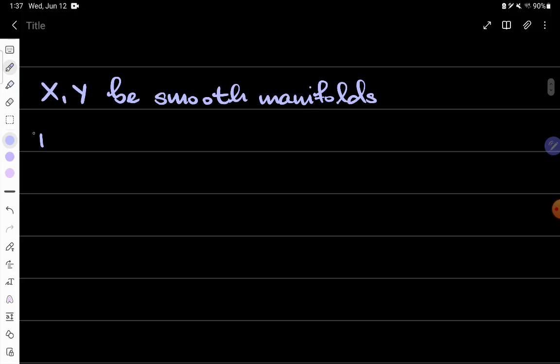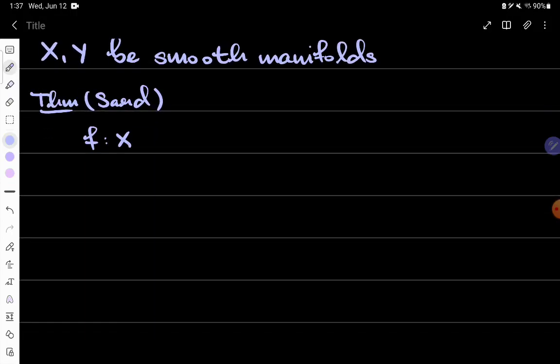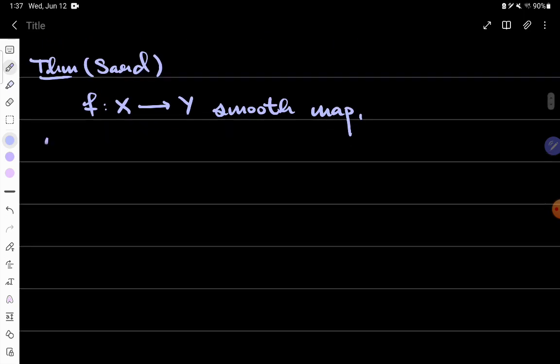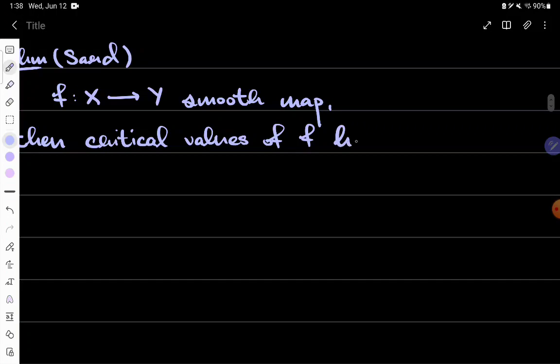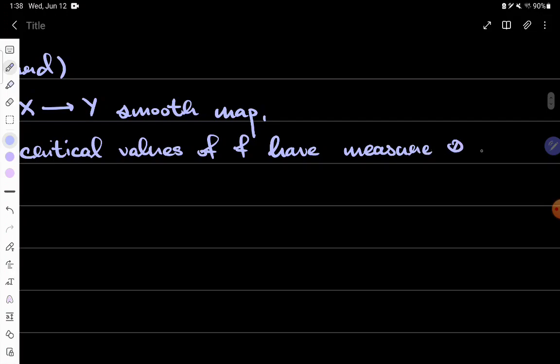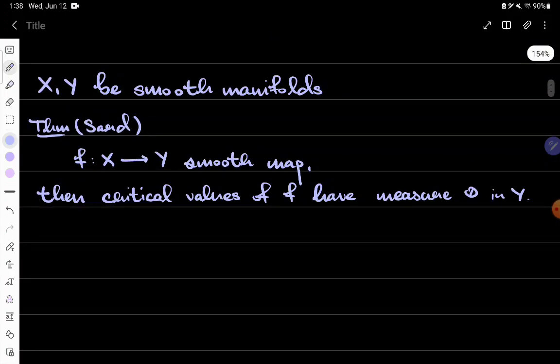And this theorem of Sard states that if F is a smooth map between these manifolds, then the critical values of F have measure 0 in Y.